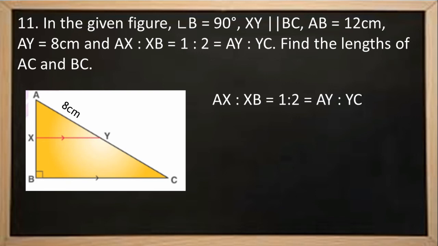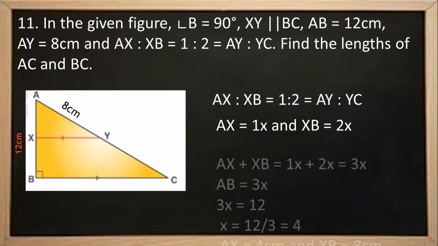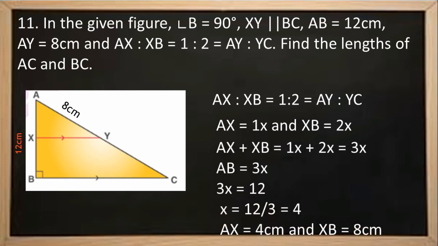We know that we can define a ratio with the help of an unknown quantity. Let us consider AX as 1x and BX as 2x. Here x is a variable, children. So if AX is 1x, BX is 2x, observe the diagram, children. What is the measure of AB? AB is AX plus BX.